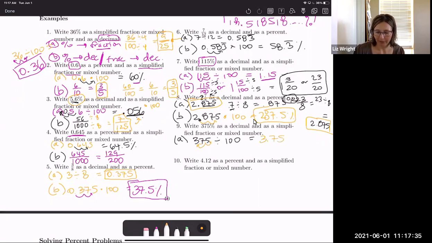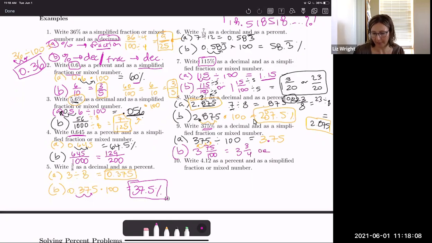And then as a simplified fraction or a mixed number. So again, your choice. You can either go back up to here and write it as 375 over 100 and simplify. Or I, again, like to go from decimal form and it would be 3 75/100. I'm going to take out a 25. So then I'm going to get 3 3/4. And that gets you into your fraction.